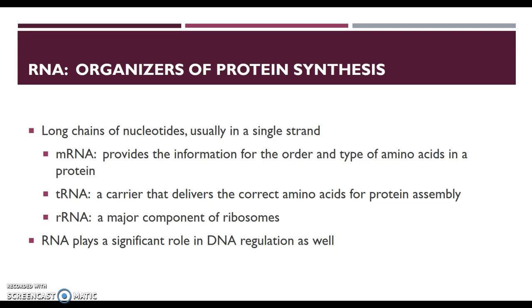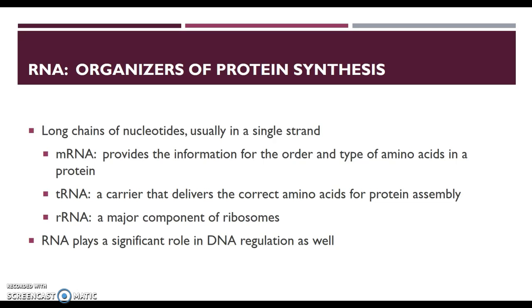And messenger RNA is going to read the message, the instructions that are contained in the DNA molecule, and then it's going to carry that message from the DNA to ribosomes so that proteins can be made.